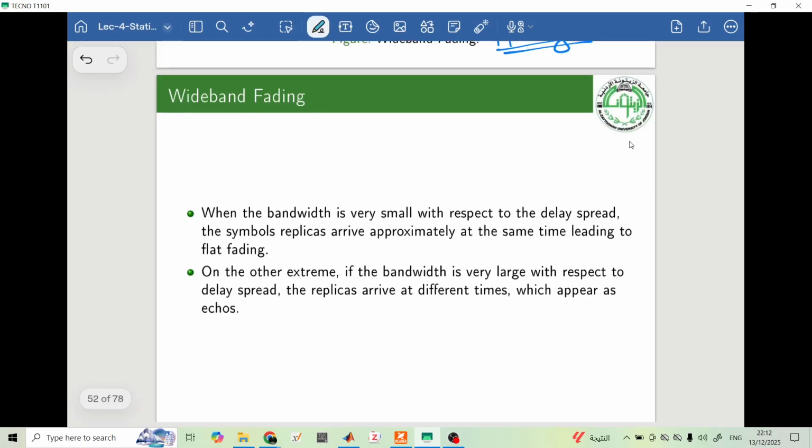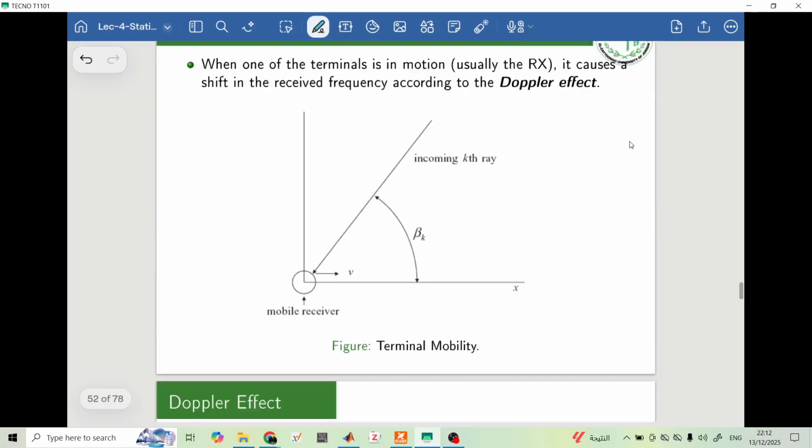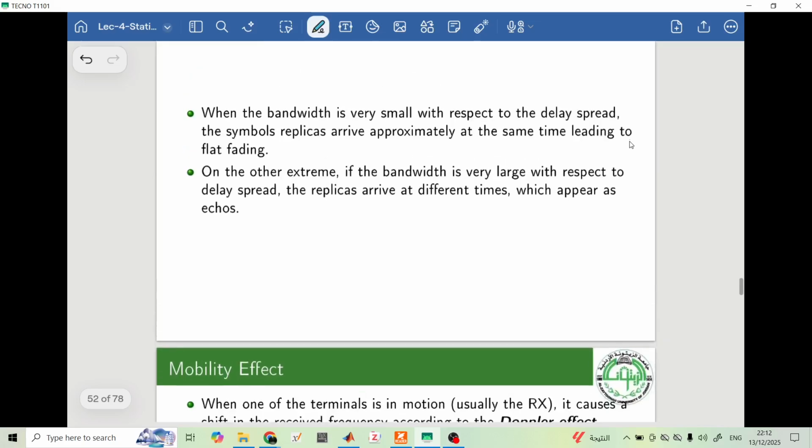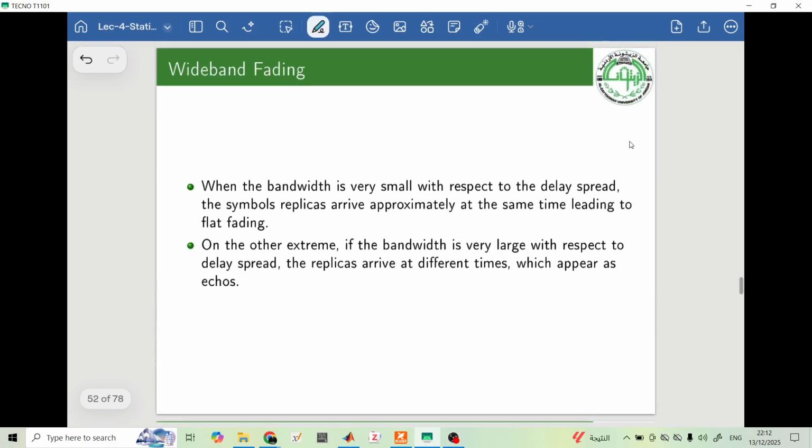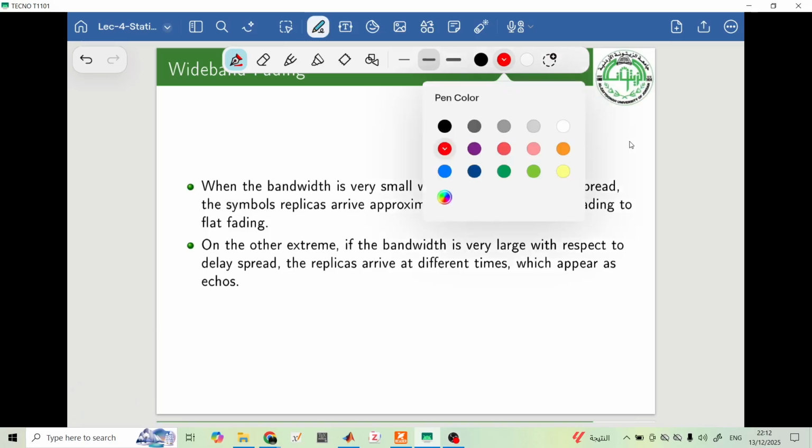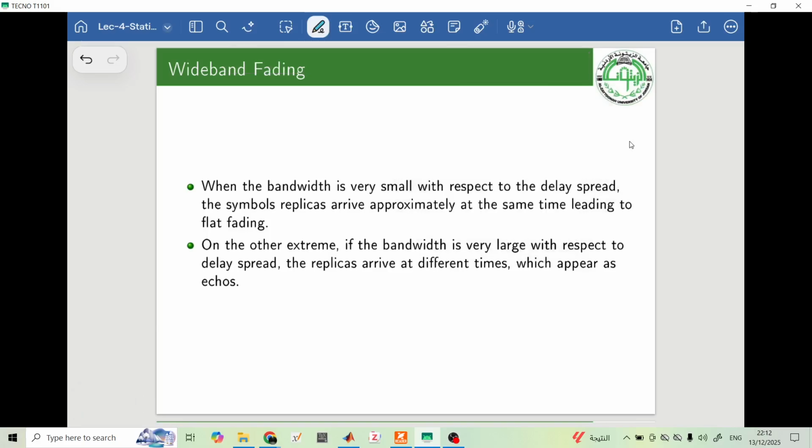Okay, we can now summarize. If the bandwidth of the system or the symbol is very small with respect to the delay spread, this will lead to the previous fading that we studied, which is called flat fading or narrowband fading.